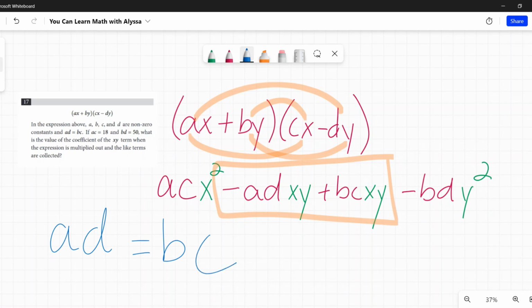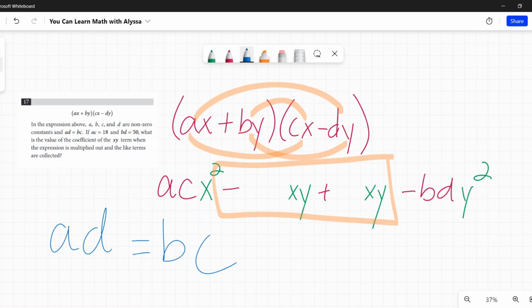Put any numbers you want in here. Let's say A times D is 5. That means B times C is 5. What happens if we put 5 in for AD and 5 in for BC? It cancels out. Negative 5, plus 5, they cancel out. Any number in the universe that you put in here, any non-zero constant you put in here, this is going to work.